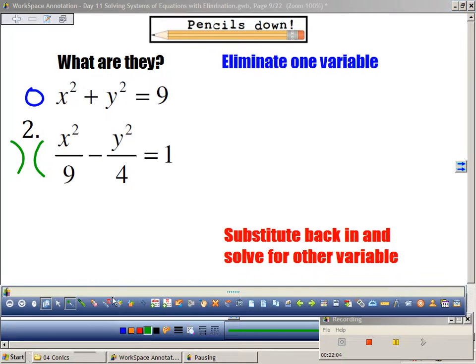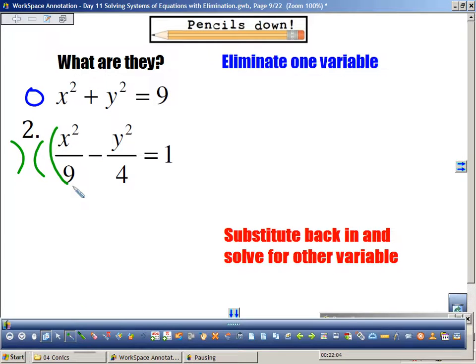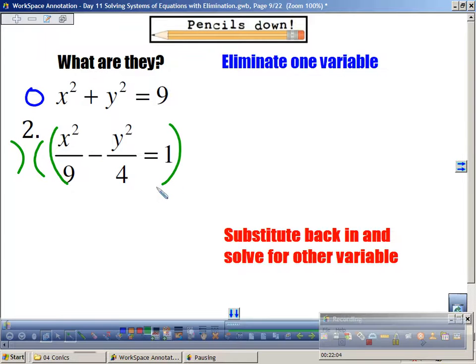Let's go with green. So if I multiply all of this by 36, imagine it: 36 is being multiplied by this. What's going to be left over after the 9's crossed out? And 36 is multiplied by this. What's going to be left when the 4 is crossed out?